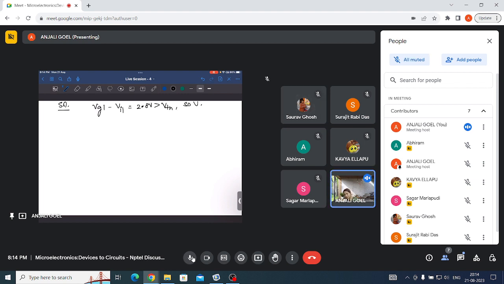So your Vg2 is equal to Vi1, which is equal to 0.2 volt. Now Vi2 minus Vg2 is also equal to 2.8 volt, which is greater than Vtp. So your V0 is equal to 3 volt.